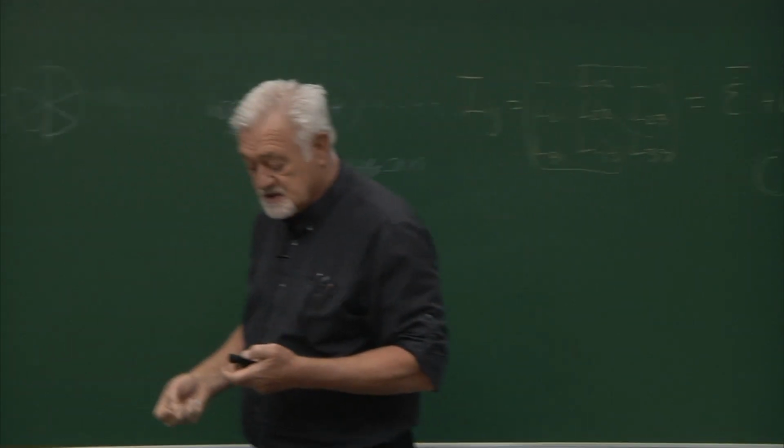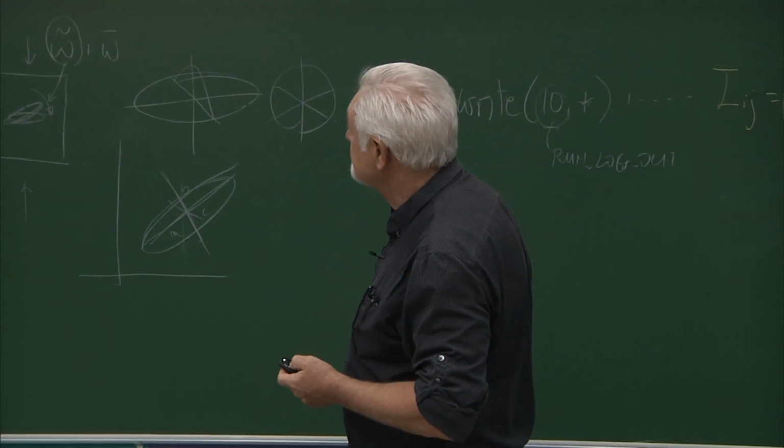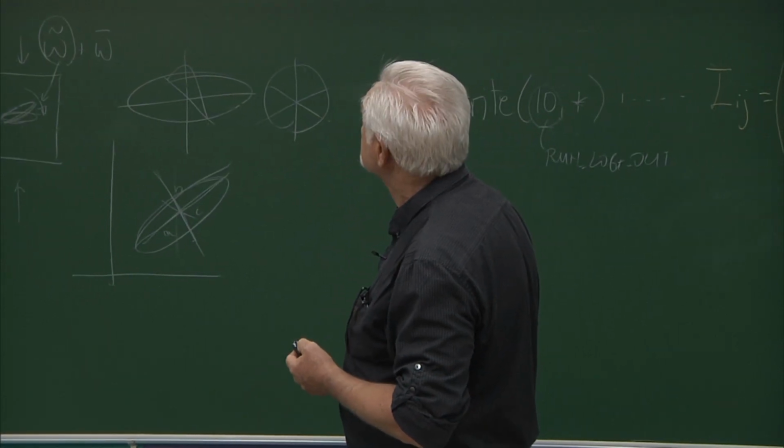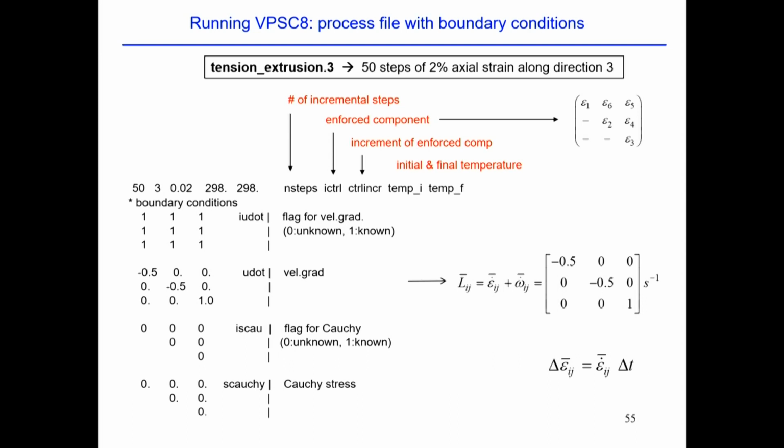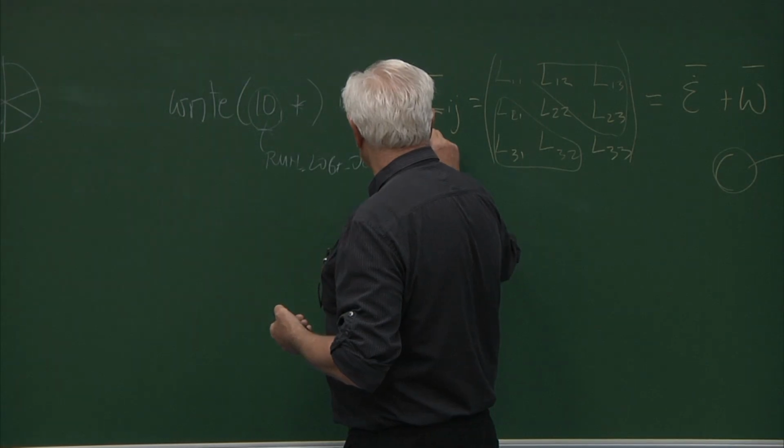How do we enforce the components? Well, this IU dot, unfortunately, is an old notation that stayed in the code, but IU dot is really Lij.